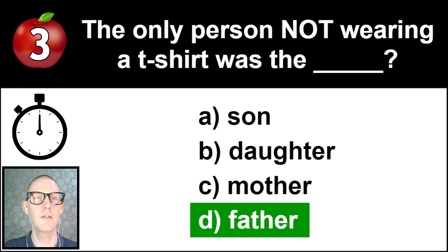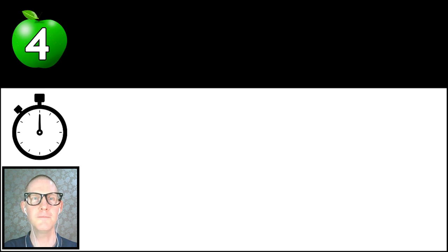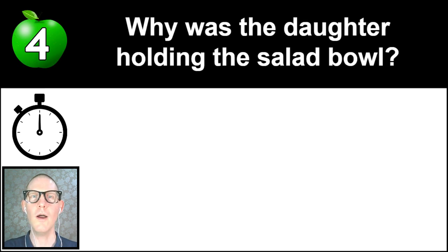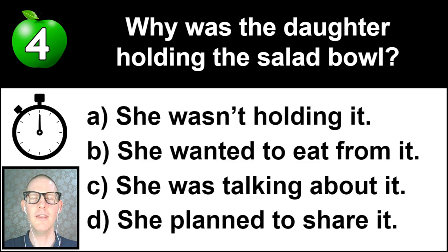Okay, here we go. Question number 4. Why was the daughter holding the salad bowl? A, she wasn't holding it. B, she wanted to eat from it.